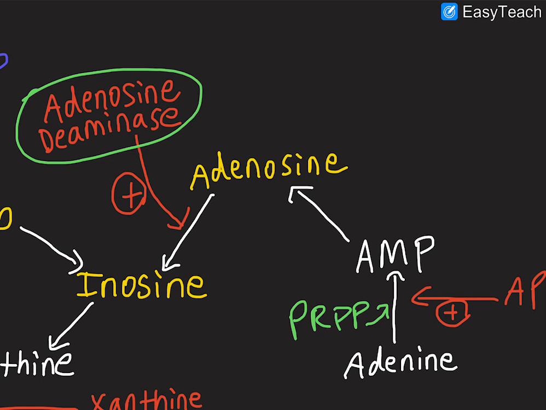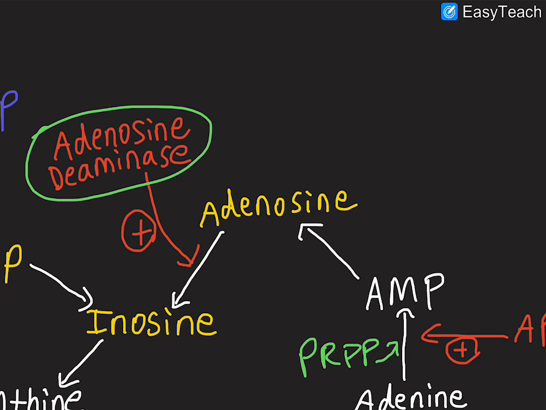But for now, let's just know what drugs inhibit what enzymes in the purine salvage pathway, because that's high yield. So first we have our first drug that inhibits adenosine deaminase, which will lead to you not being able to convert adenosine into inosine.